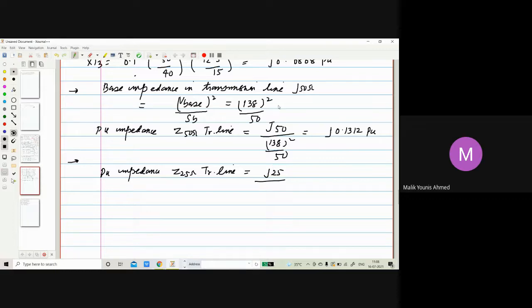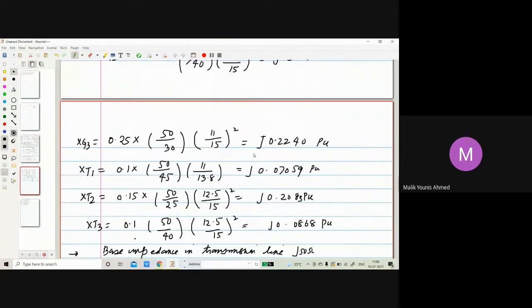I think this value was equal to 38.88 ohms. So that is J0.656 per unit.